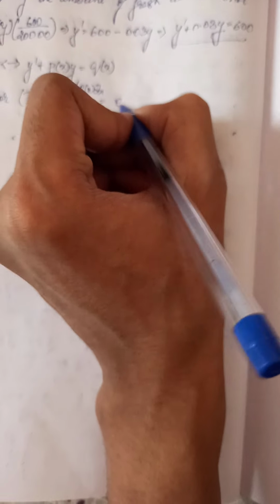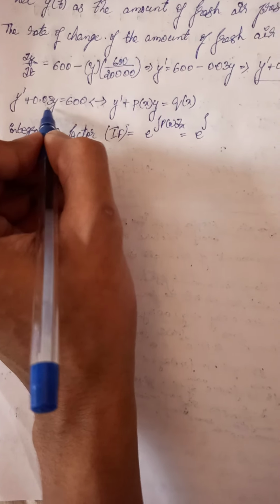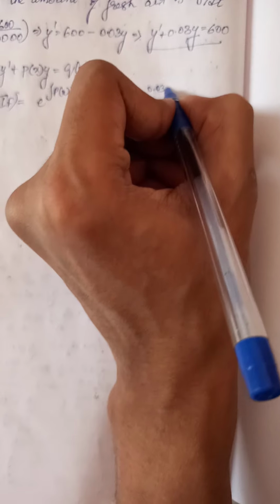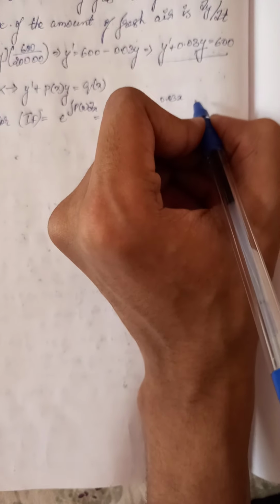So the integrating factor here is e power integral p of x dx, which equals e power, now p of x is the coefficient of the y term, 0.03 dx, which is e power 0.03x. So this is the integrating factor.